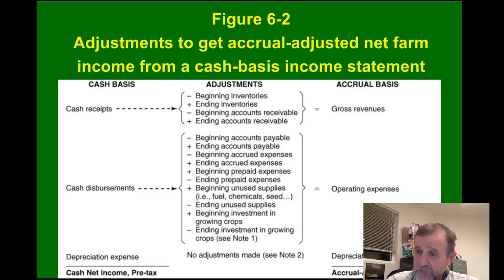Does the $10,000 when we expend it show up on the income statement? No, because we're taking $1,000 per year over the 10 years of that asset. So that tractor will be reflected in the income statement on the expenditure side as $1,000 worth of depreciation per year for those 10 years. Hopefully that makes sense to you.